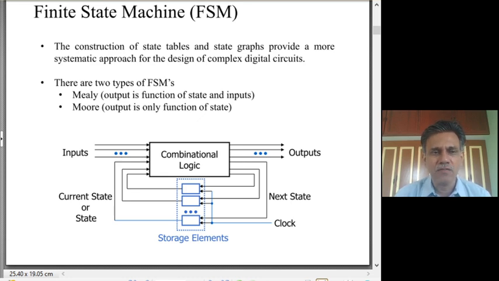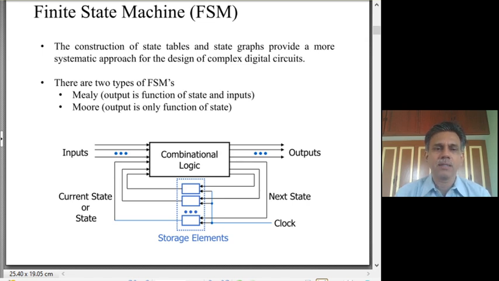The basic difference between the Mealy and Moore, which we also encountered to some extent in the previous lecture, is as follows. While the Mealy FSM produces an output which is a function of its present state as well as the present input, the Moore machine's output is purely a function of the present state. We will expand on this concept in the following slides.